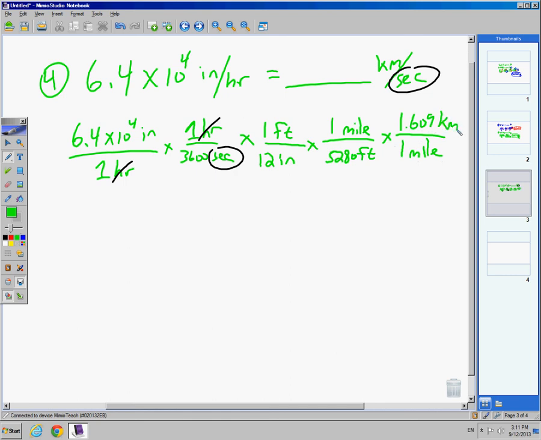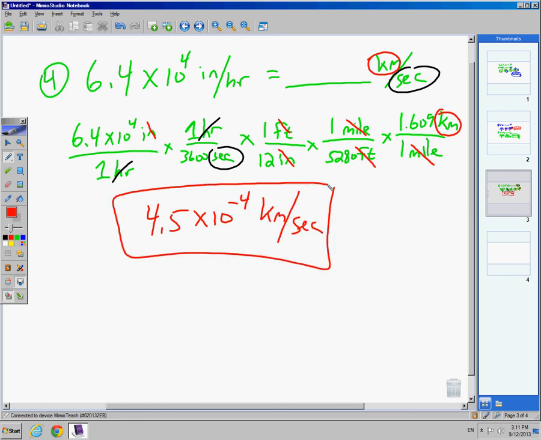Let's see if that actually works out. Inches are going to cross off, feet are going to cross off, miles are going to cross off, kilometers is going to stay. It looks like I have my answer now. If I did the math, I would come up with 4.5 times 10 to the negative 4 kilometers per second. And that's pretty much it. That's how you solve it.